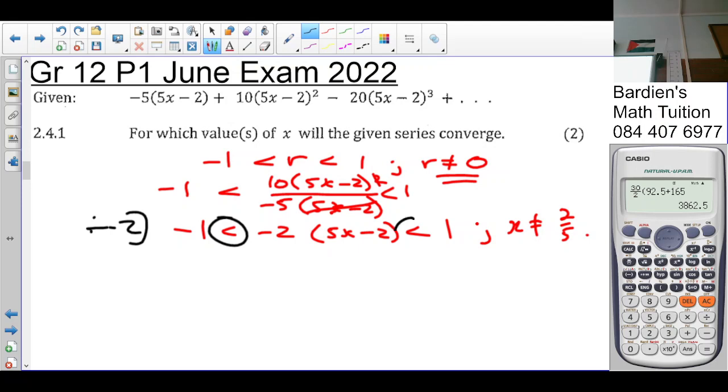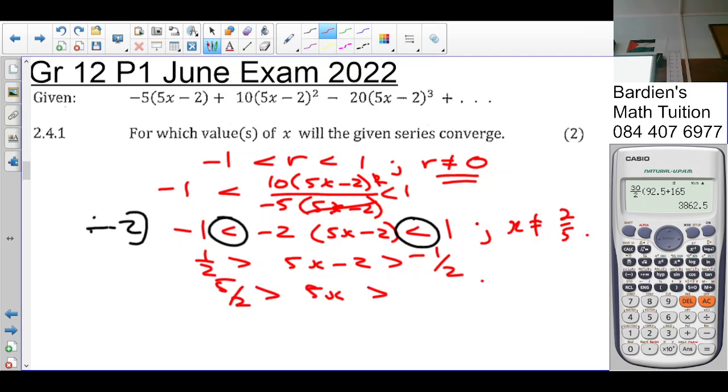Remember that the inequality will swap around. So it will give you a half, 5x minus 2, and negative a half. The 2 goes both ways. So it's 5 over 2, 5x, and 3 over 2, I think it is. Divide by 5. I'm going to swap the inequalities again.